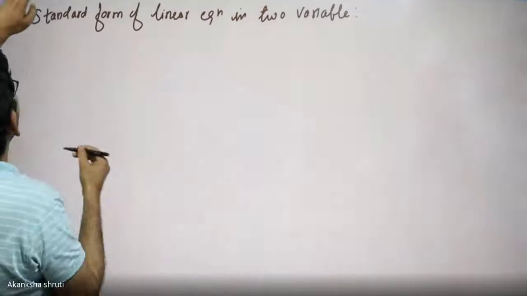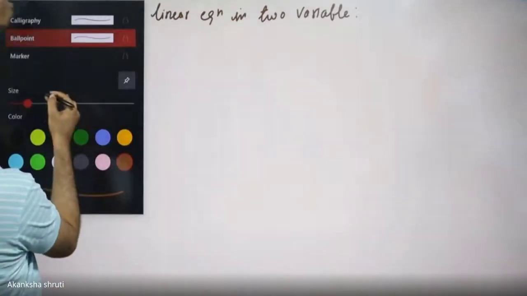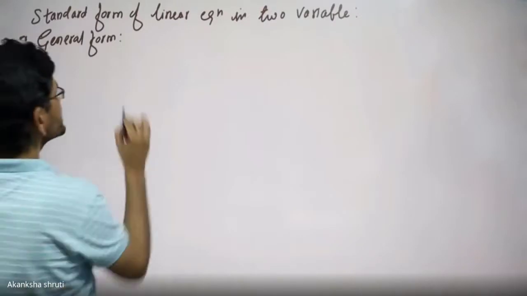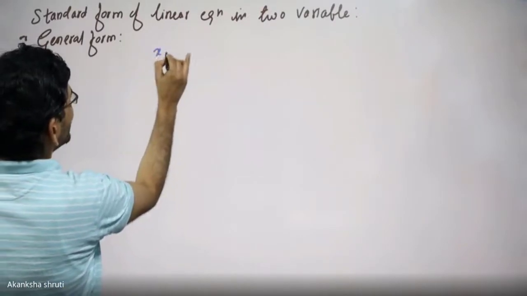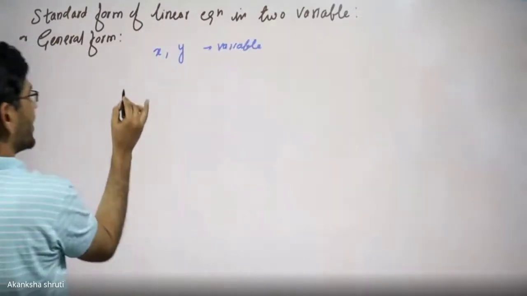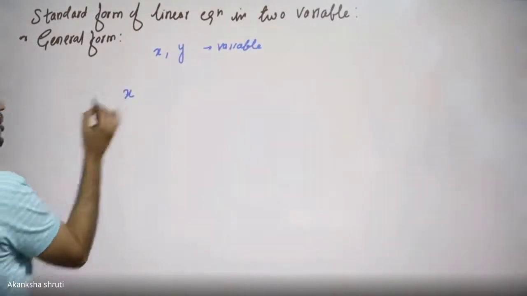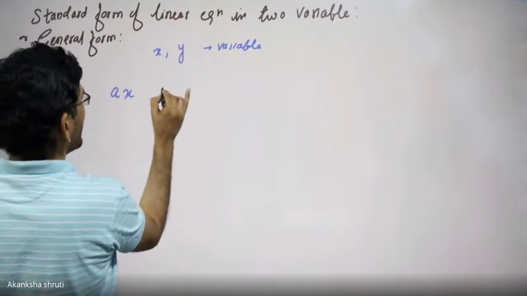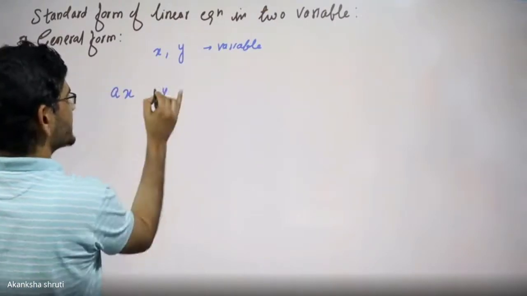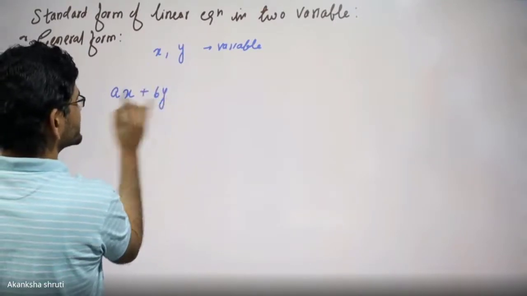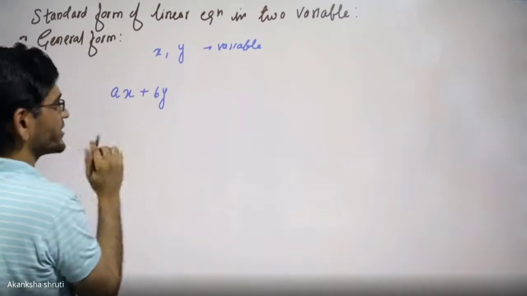Students, now the standard form, also called the general form. Just as we have learned, most commonly we use the variables x and y. These are the two variables. Now, this x may have some coefficient. Let us consider that coefficient as a. The y also has some coefficient. Let us consider that as b. And it is associated with these two to form one equation.